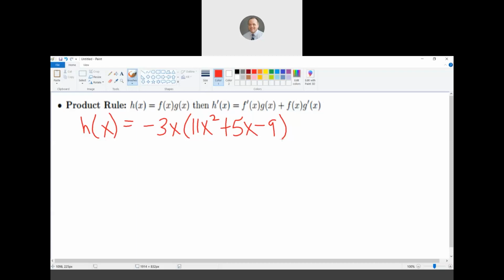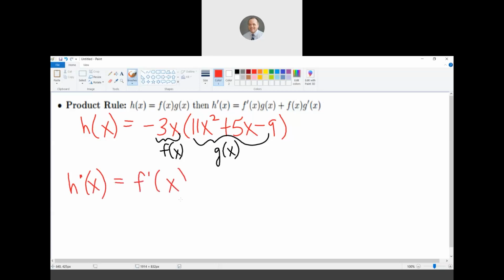Your first function listed is your f of x. Second function is g of x. So let's bring down the product rule. And we'll fill in each component.